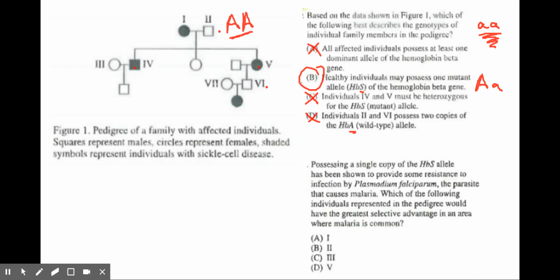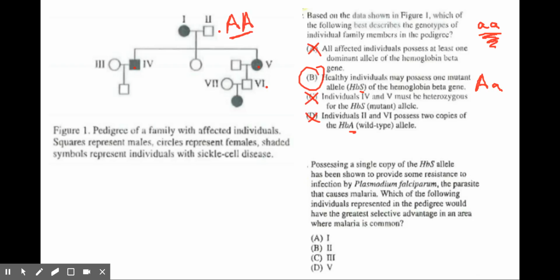So this last question here will be all finished up. Possessing a single copy of the HBS sickle cell allele has been shown to provide some resistance to infection by Plasmodium falciparum, the parasite that causes malaria.